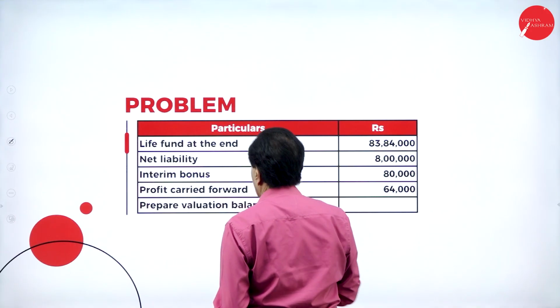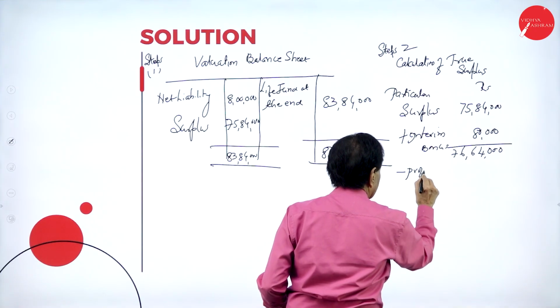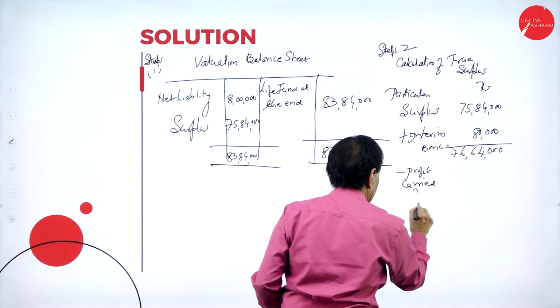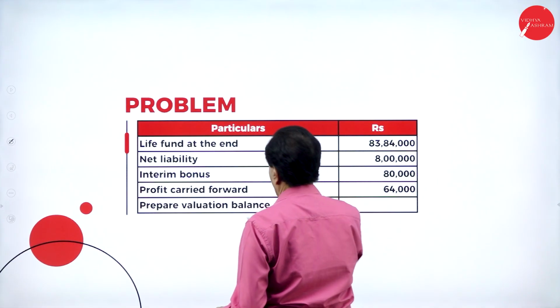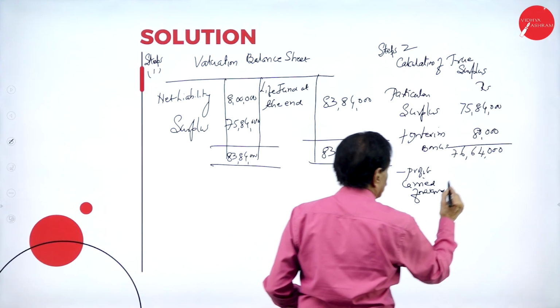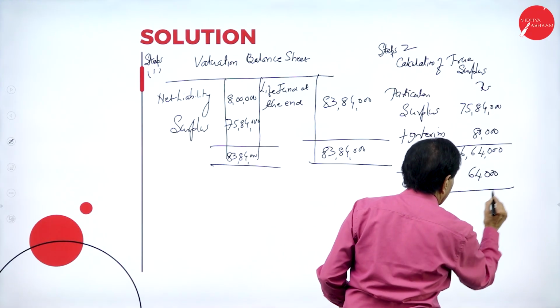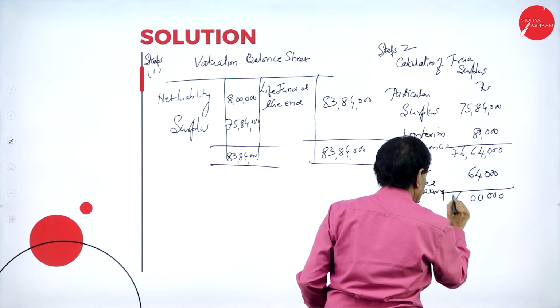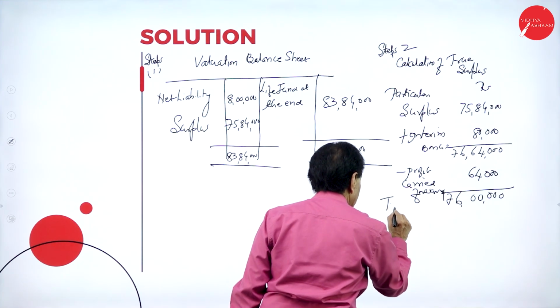Minus profit carried forward 64,000. Deduct. 76 lakh. True surplus.